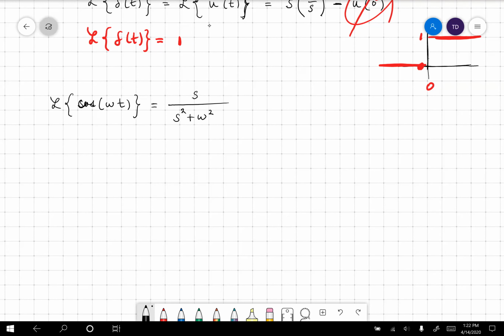That's interesting. Okay. So we know that sine of omega t, see if you agree with this, is equal to minus 1 over omega times the derivative of this cosine function.